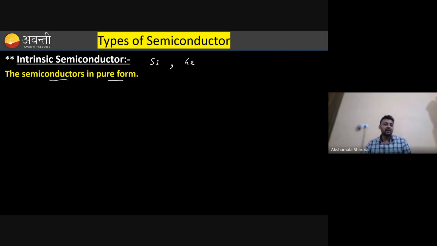Just tell me in which group they are of the periodic table. In the periodic table, what is the group of these elements? Okay, silicon and germanium. These are the basic materials.